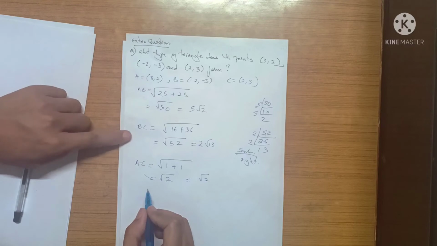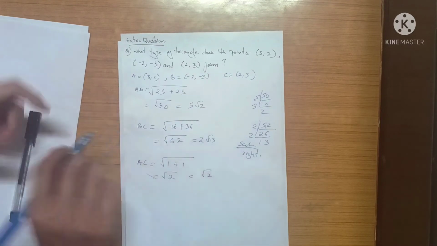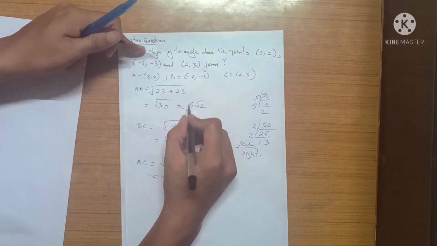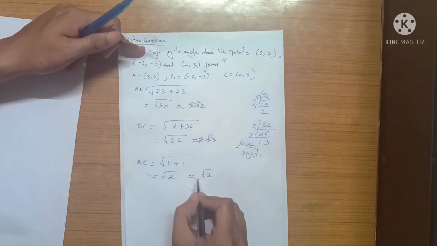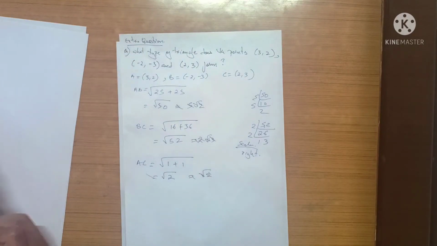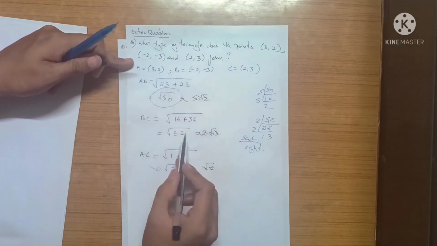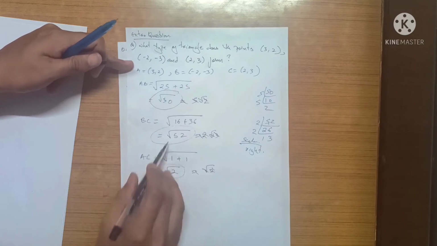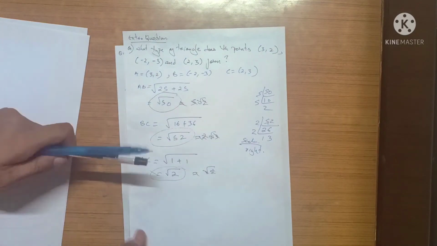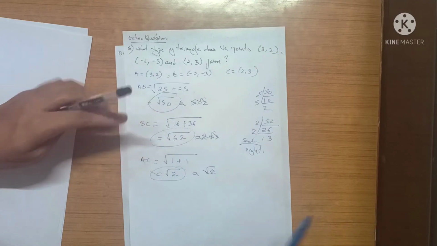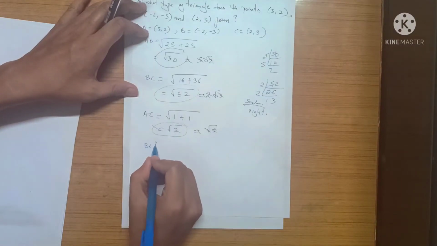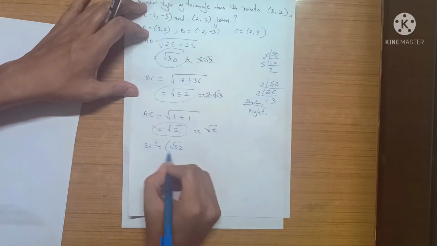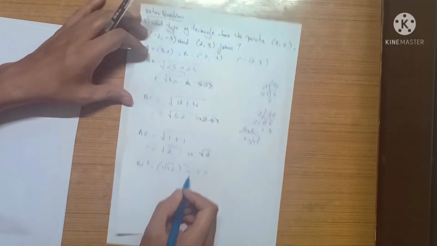If you look at only these three sides, root 52 is going to be the longest one. So BC square equal to root 52 the whole square, which is 52.